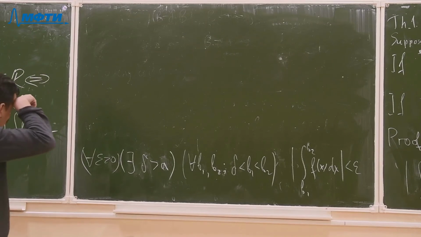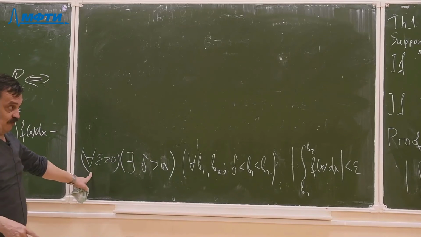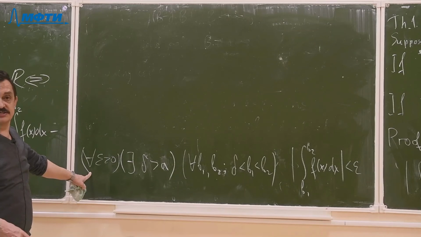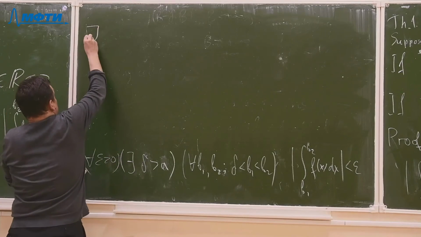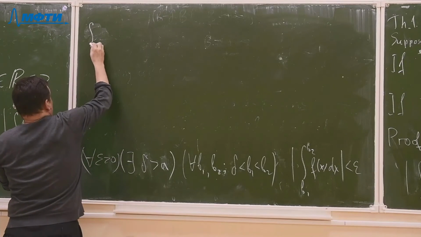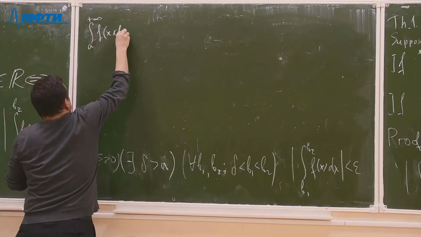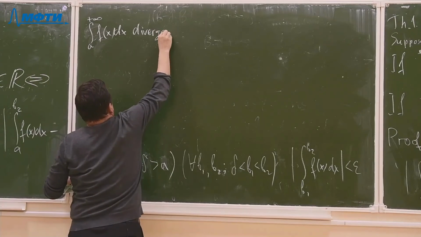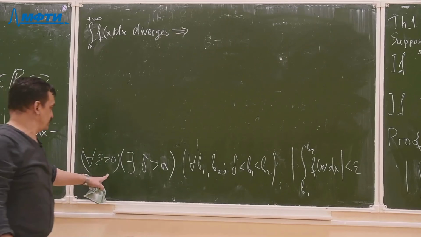So what is the negation of Cauchy for f? The Cauchy criterion is not satisfied. Take the negation. What does it mean? The integral from a to infinity of f of x dx diverges. So, what does the negation say?